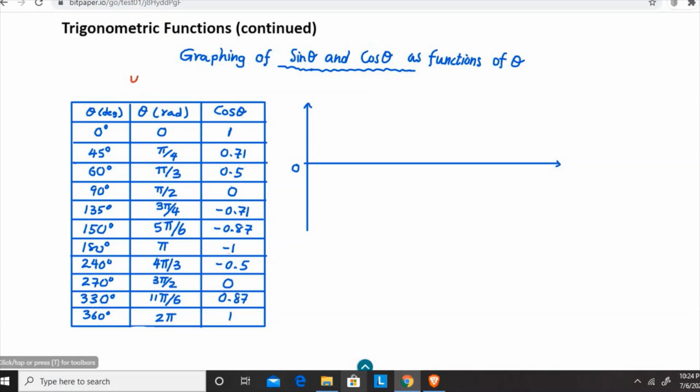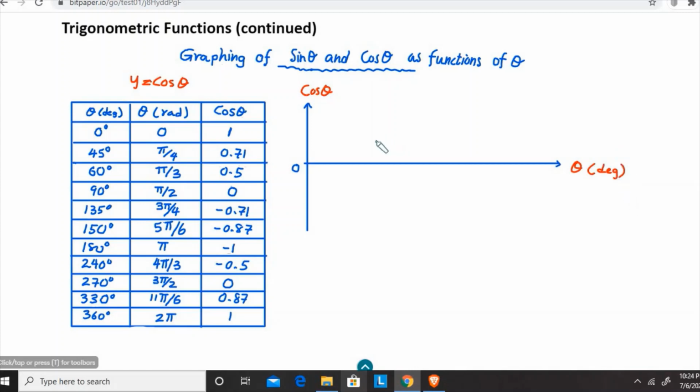So again, y equals cosine theta. So that's the function where theta is the independent variable and y, or cosine theta, is the dependent variable. And again, I'll use the angle in terms of degrees.